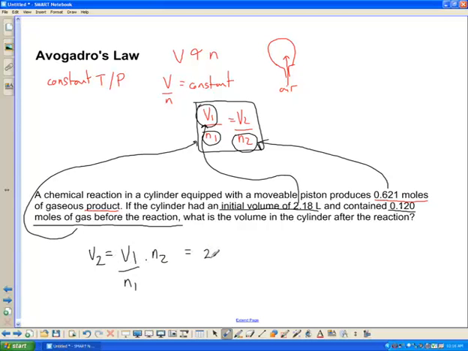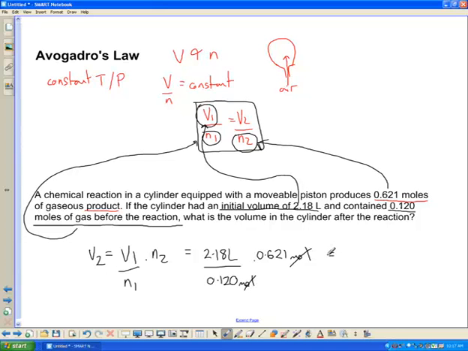So our V1 is 2.18 liters. Our N1 is 0.120 moles, and our N2 is 0.621 moles. Moles cancel. We're left with volume, which we are just going to calculate.